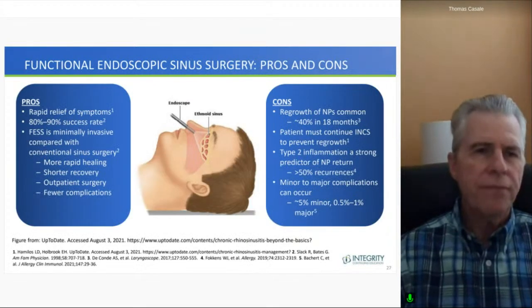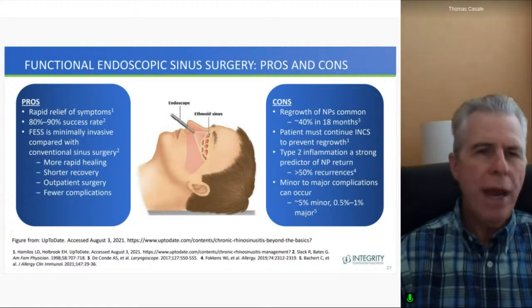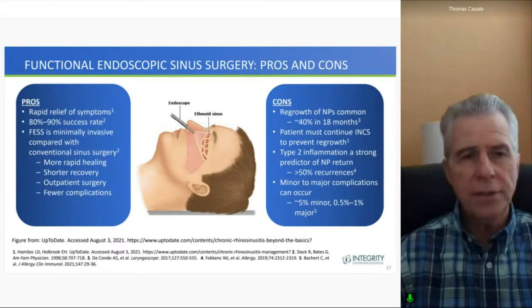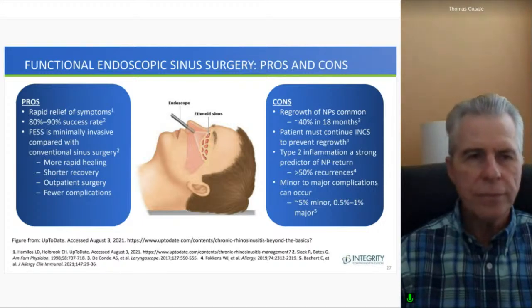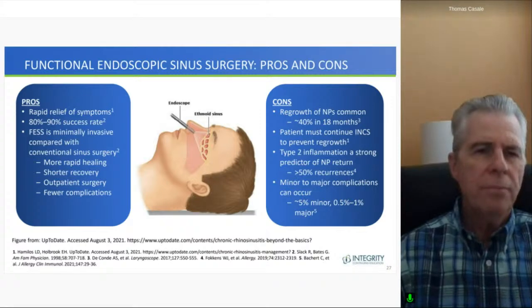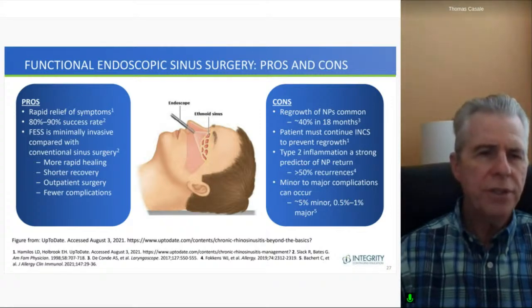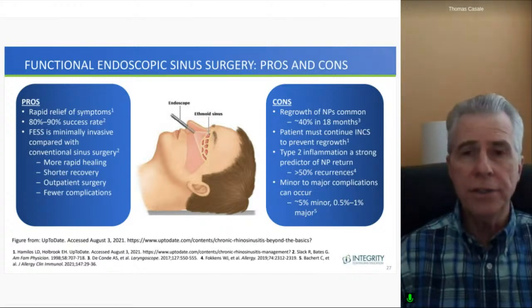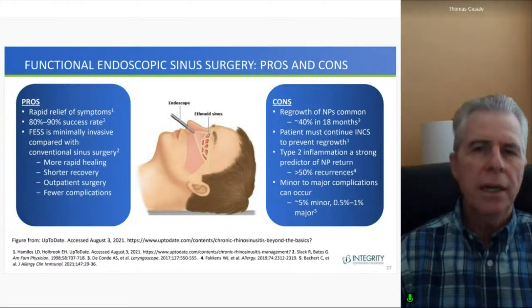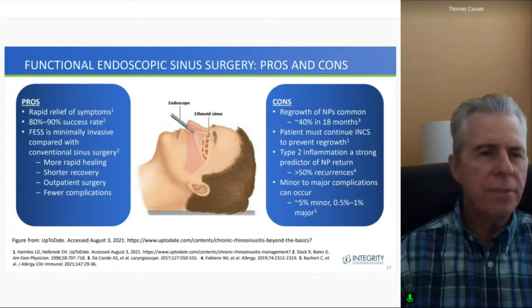Speaking of surgery, the good side of surgery is that you get rapid relief of symptoms with about an 80 to 90% success rate. And this is an outpatient procedure that tends not to have a lot of complications. However, if we knew it was curative, there'd be no question, I think everybody would recommend it.